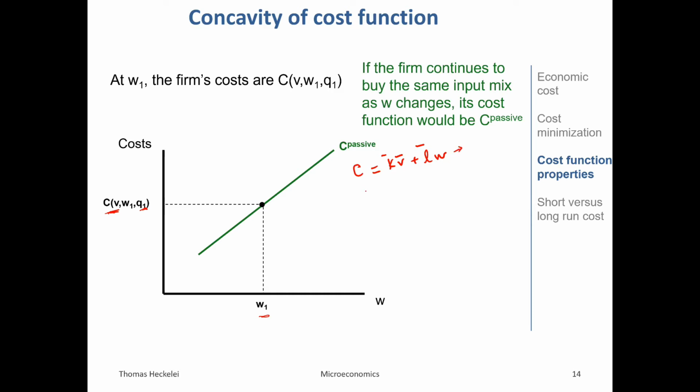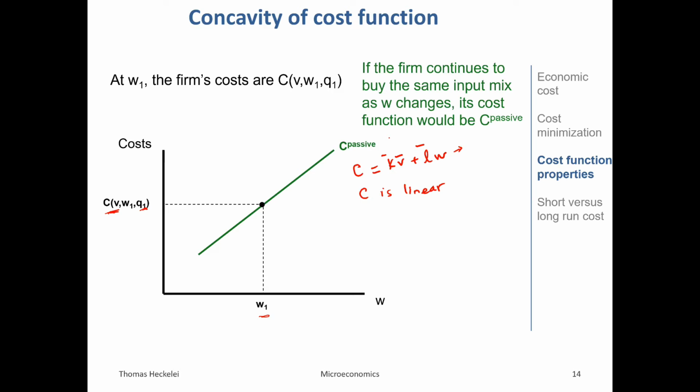So in this case, C is linear, and that's what you see on the graph here. The C passive is linear, passive in a way that we don't adjust our input combination. Okay? So that's why C passive is linear. Cost will increase proportionally to input price.